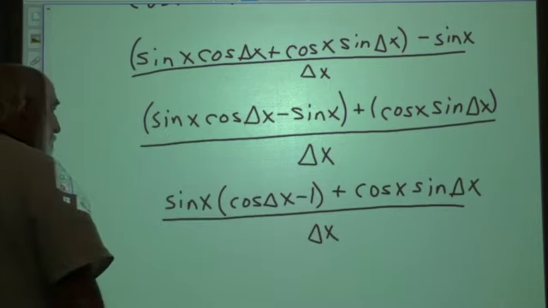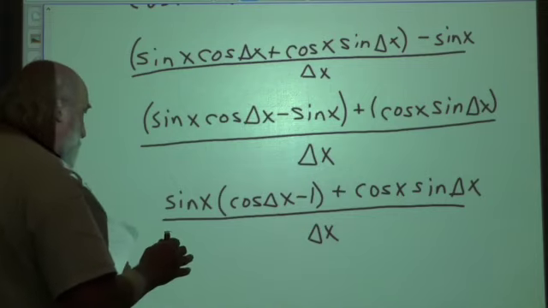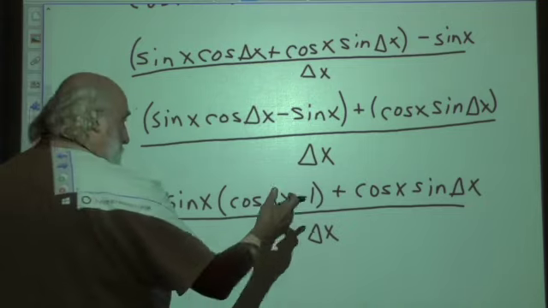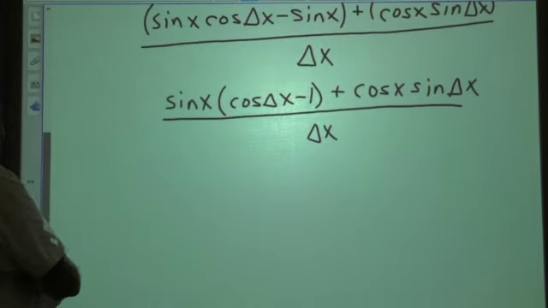Now, the next thing I'm going to do is separate these so that they become two different fractions added together with the same denominator, which we can do.